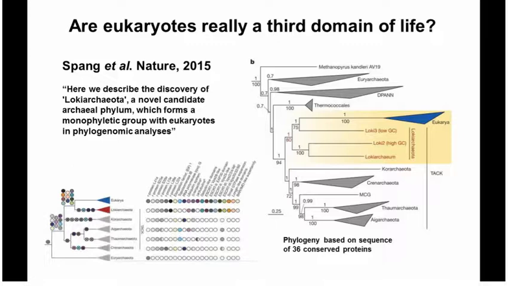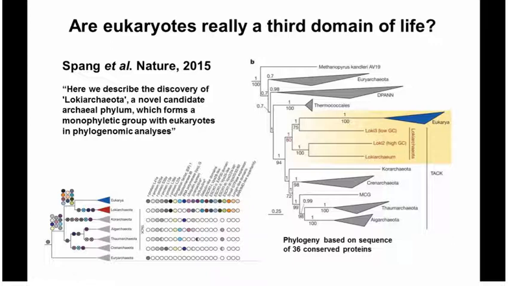Now, another thing that's very interesting about the Loki archaeota is that they seem to have a number of gene families that had previously been considered only present in eukaryotes. So these are eukaryote-specific genes. And these coded for things like the ESCRT proteins, they're involved in the formation of membrane vesicles.